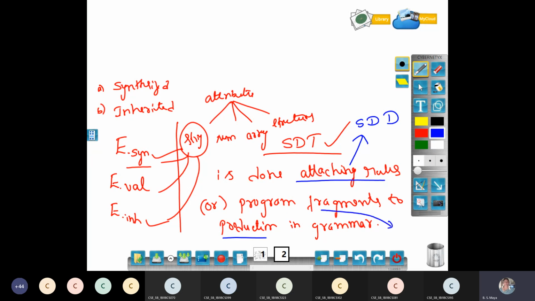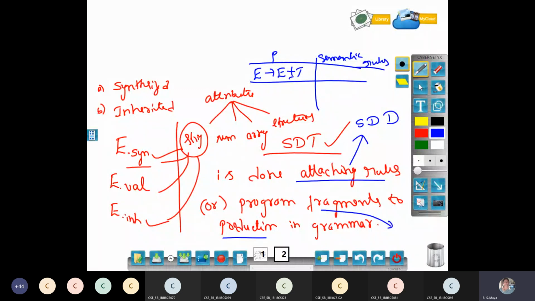For example, the SDD: I am taking E derives E plus T as my production. I have to write a column, this is for your semantic rule. I am attaching separately how to evaluate, for your arithmetic operation.